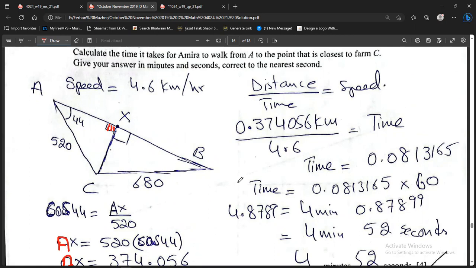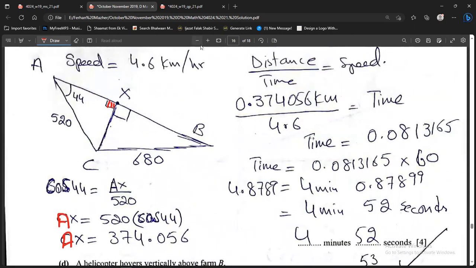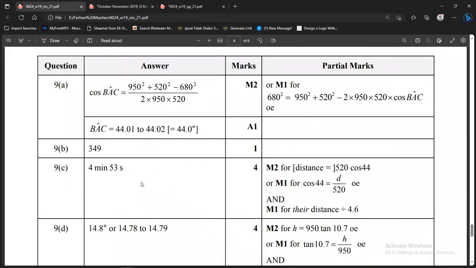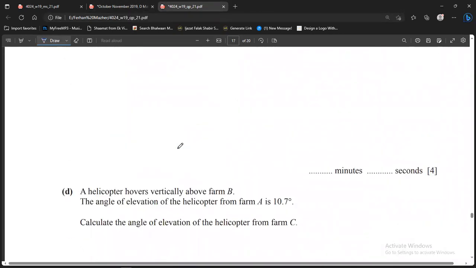You multiply it with 60, you get 52 seconds. So the total time taken will be 4 minutes and 52 seconds from going from A to X. So our answer is 52.